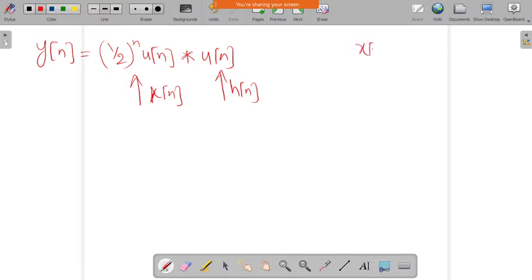Now x of n, we can sketch like this. From 0 to infinity it will have 1 at 0, half at 1, and 1 by 4 at 2. Like that it will go on.